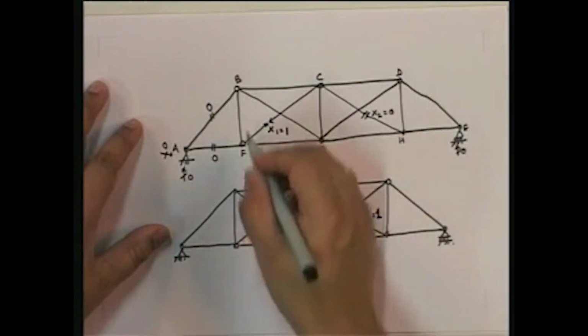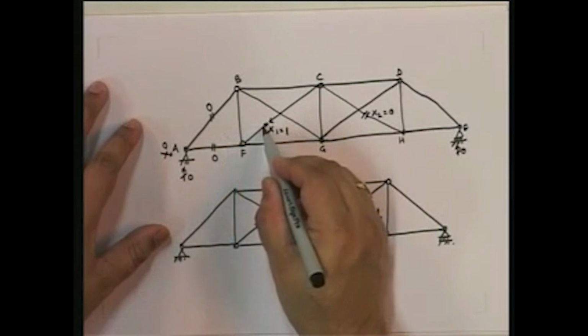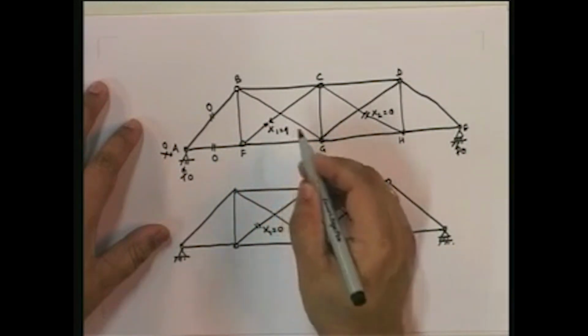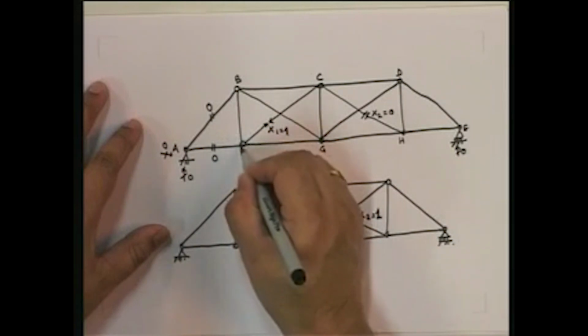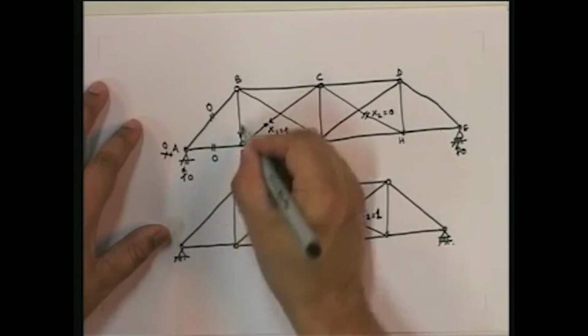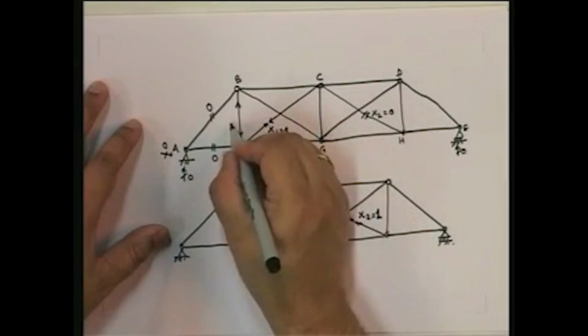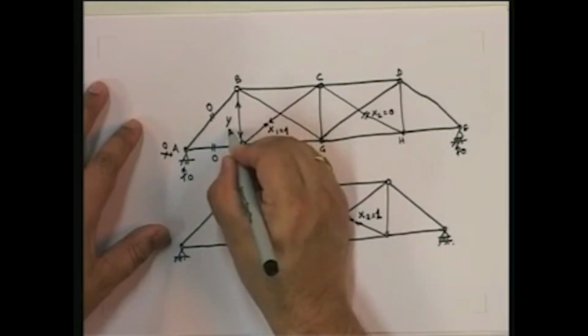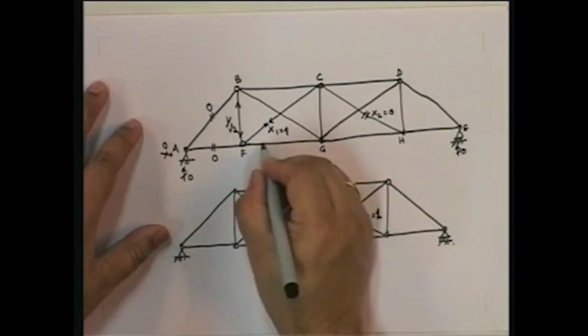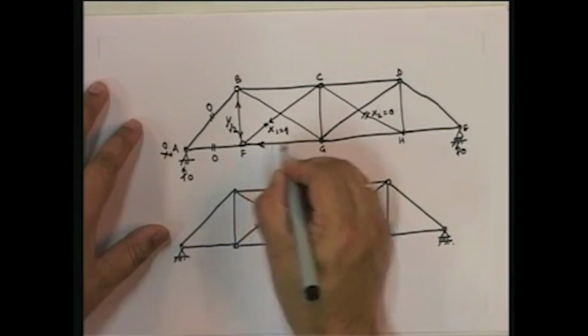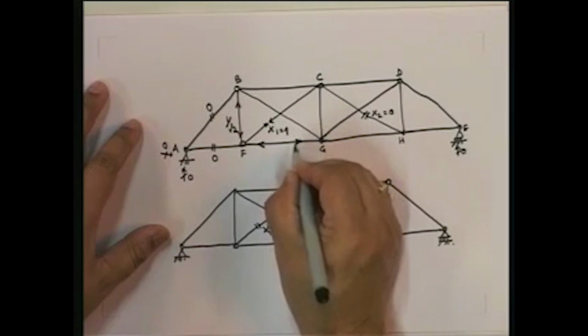So if you look at this, here also this is the force, right. So this is force equal to 1. So if I take the vertical component of this at this point, it will be taken by this. So therefore this is going to be equal to 1 over root 2. Okay. And then the horizontal component of this will be taken by this.